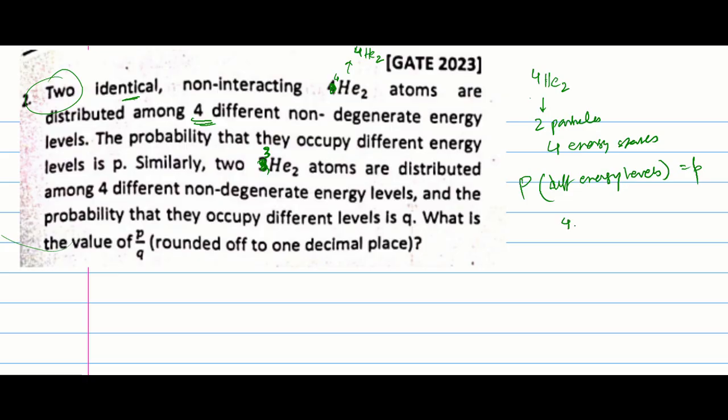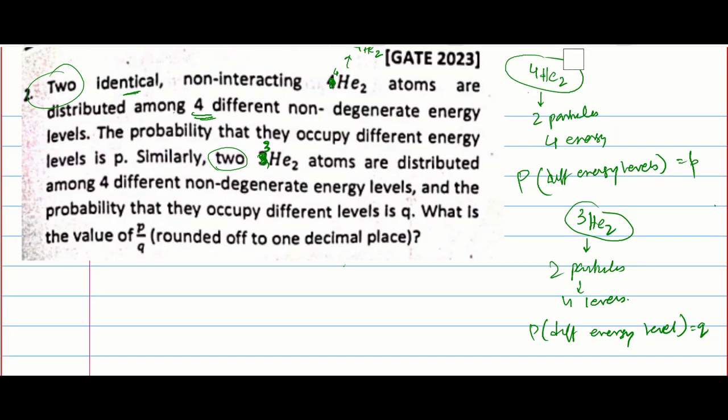And for 3He2 atoms, again there are two such particles, and again 4 energy levels, and the probability that they occupy different energy levels is Q. Okay, now both of these look kind of the same.